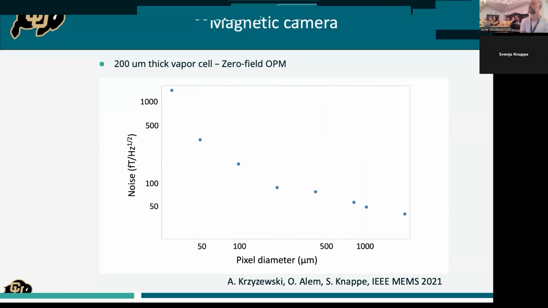And then as we shrunk our pixels, we could clearly see it's getting worse because we have fewer and fewer atoms. But at pixel sizes of about 50 micron, we still reached something like 300 femtotesla per root hertz. And so that was fairly encouraging.